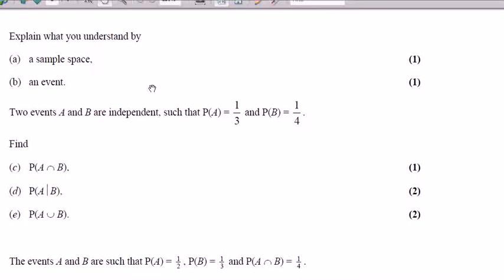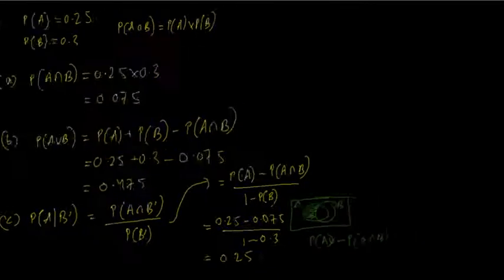Question number 4 starts with some basic definition of probability. The first definition is, what is sample space? Sample space refers to the population, meaning all the possible outcomes. Question number 4.